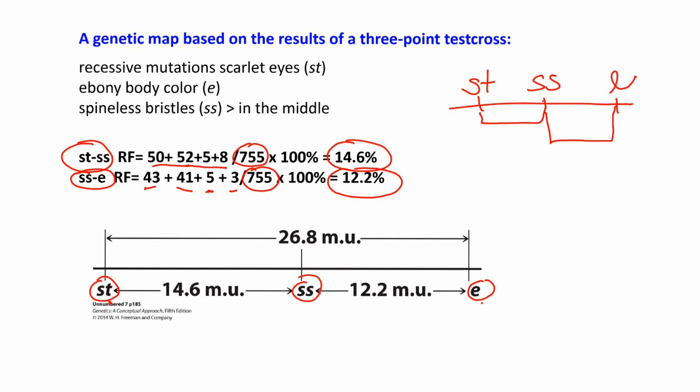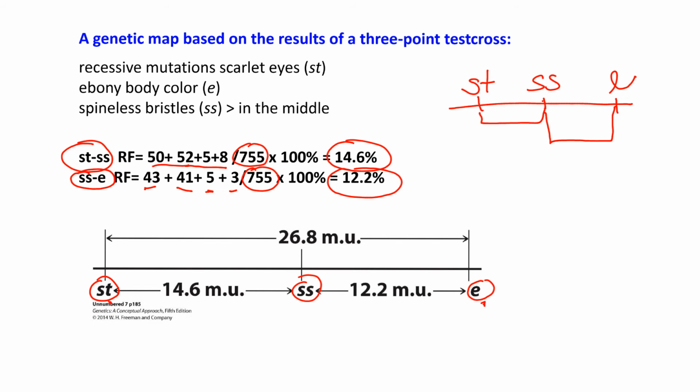So if we summarize, if you do a 3-point test cross, what do you have to do? Firstly, you have to perform the experiment and count the offspring. Count every single phenotype category, assigning the number of individuals to each phenotypic category. Afterwards, you have to identify the non-recombinant progeny.